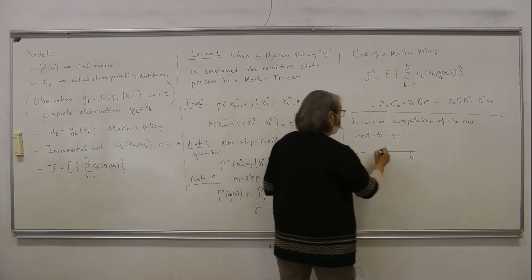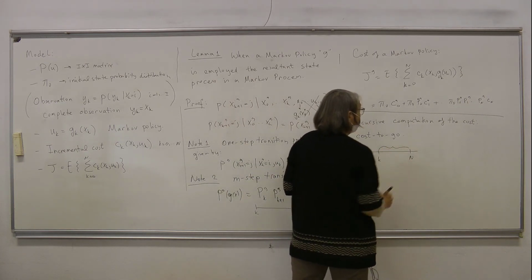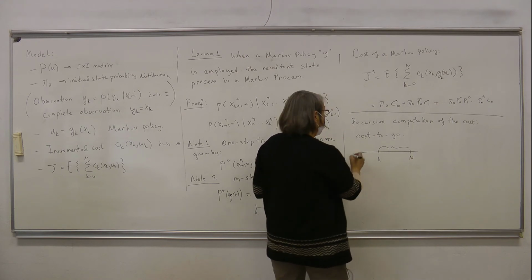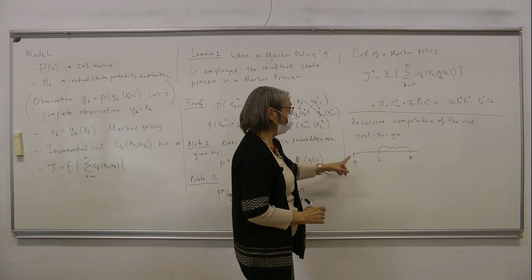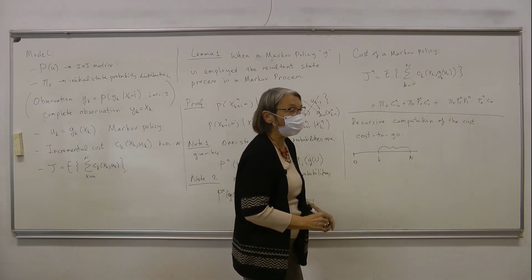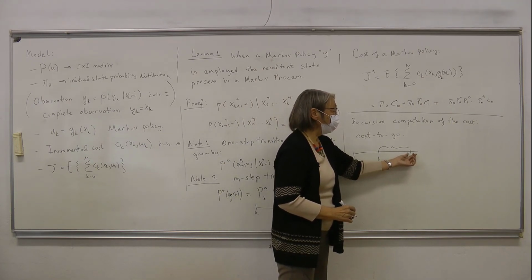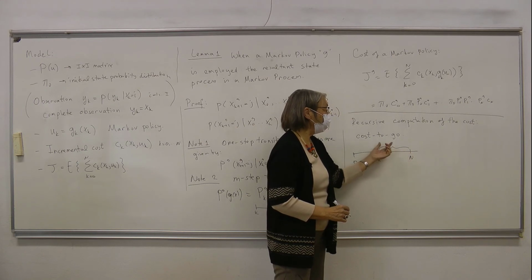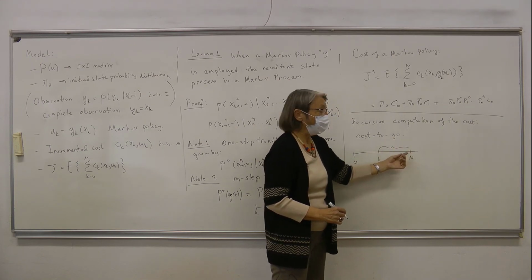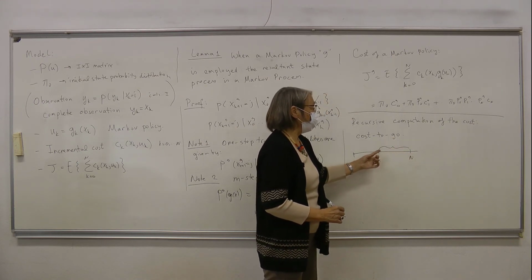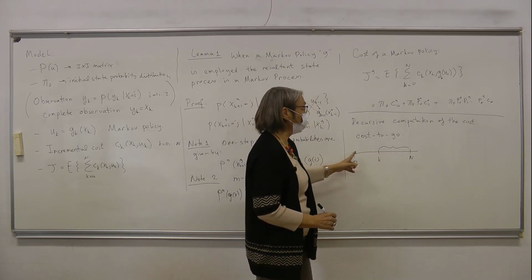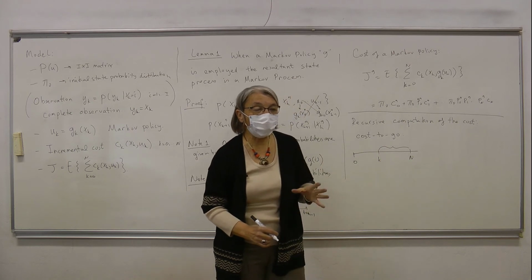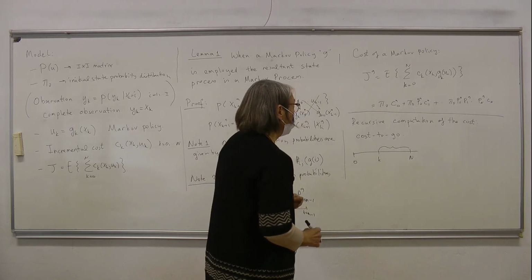The cost to go is to obtain the cost on that interval. And this is the time which is equal to 0. We will apply a backwards recursion, starting from the final point, computing this cost to go, and then decreasing the value of k down to 0. When we come to time 0, we will obtain the whole value of the cost. That is what we have to do.